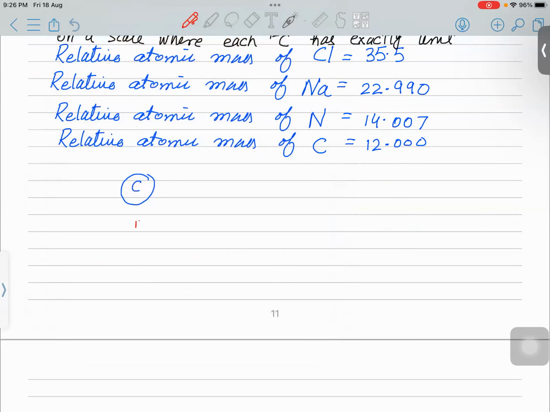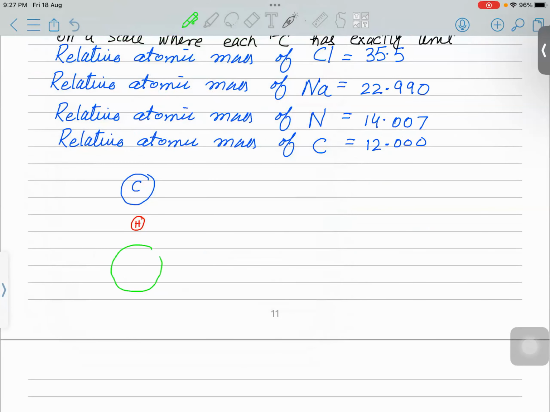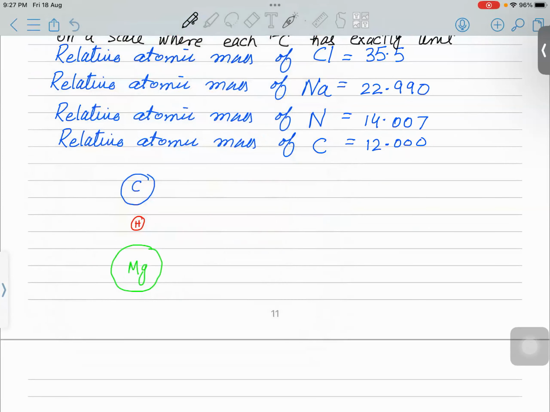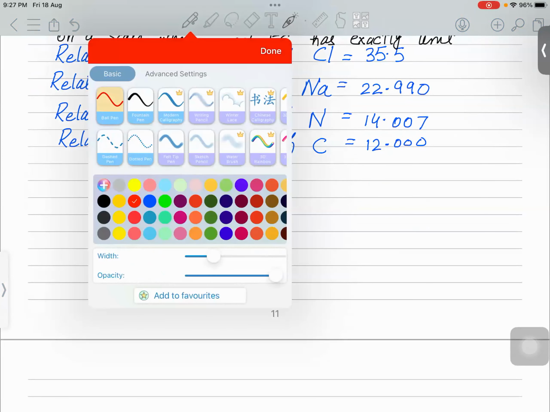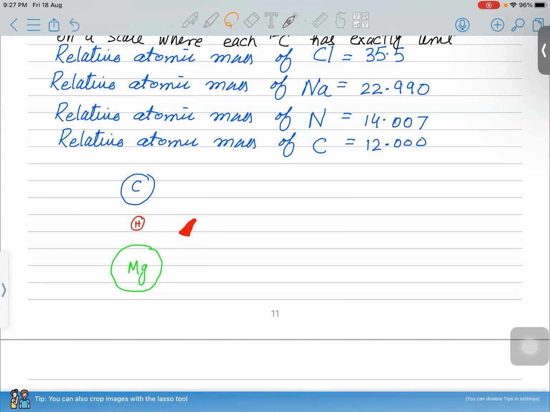The red one is hydrogen, and the green one is, let's suppose, magnesium. Here we have one piece. Let's suppose this is one piece, and carbon has the same 12 pieces.